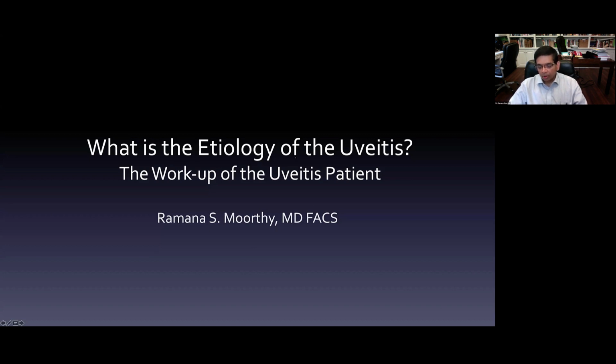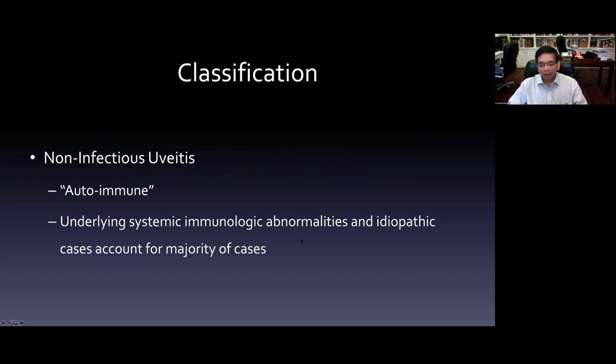So how do we classify uveitis? The modern classification system is really one where we separate the etiologies into non-infectious and infectious uveitis. We used to call the non-infectious conditions so-called autoimmune.